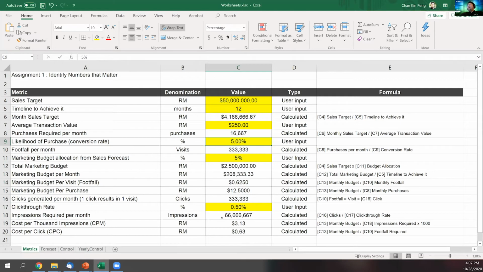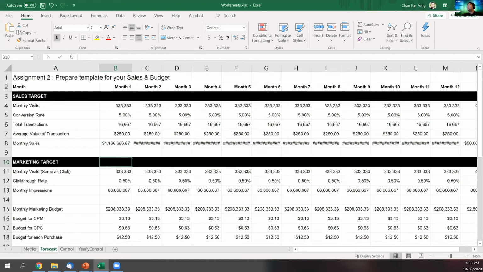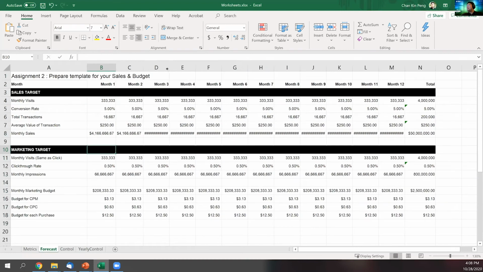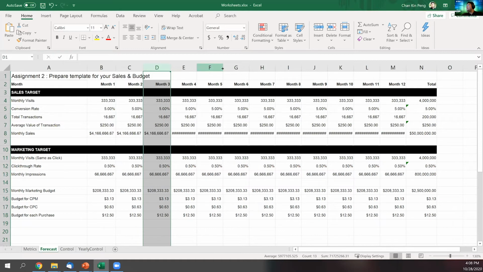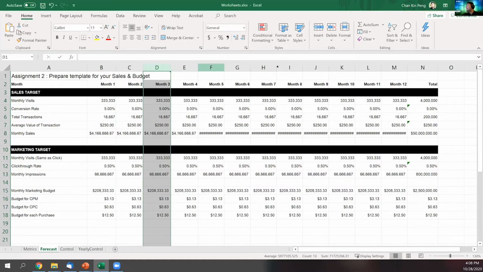So once you start doing this, what you typically want to do here is put it in a 12-month forecast. So let me just... okay.